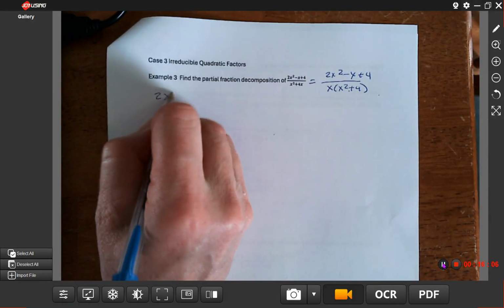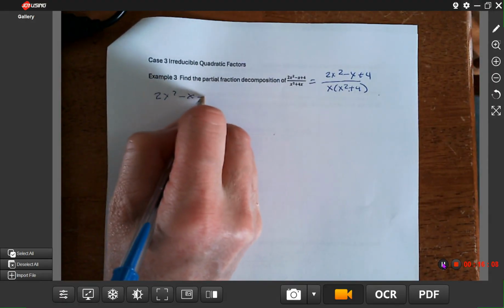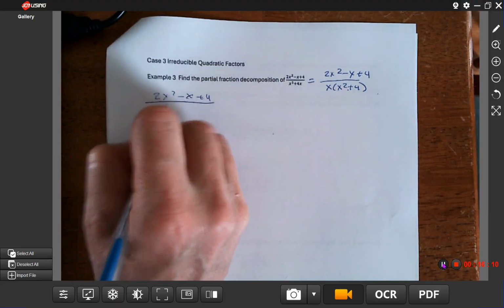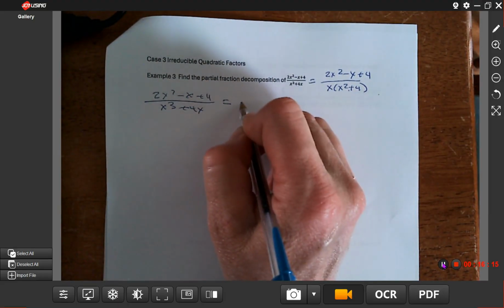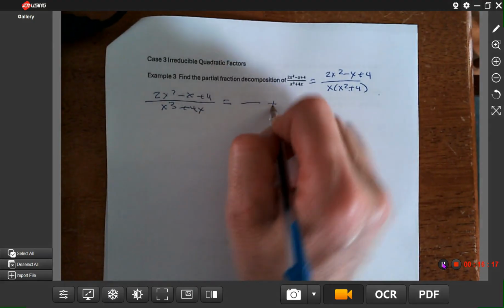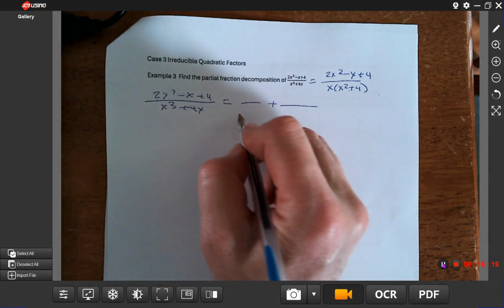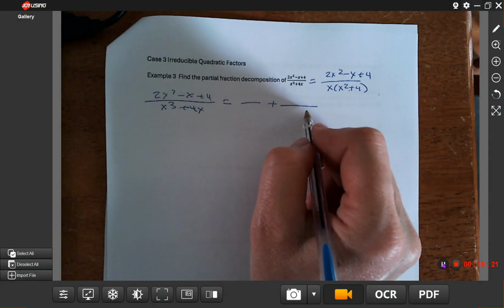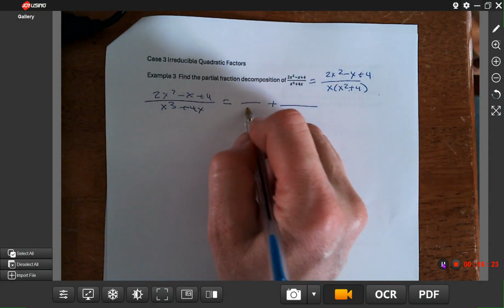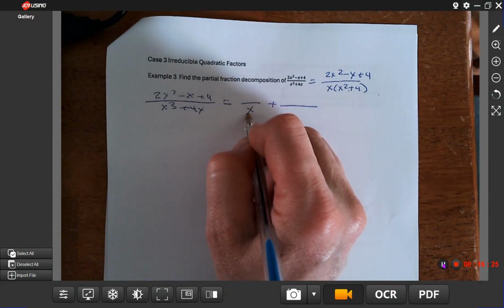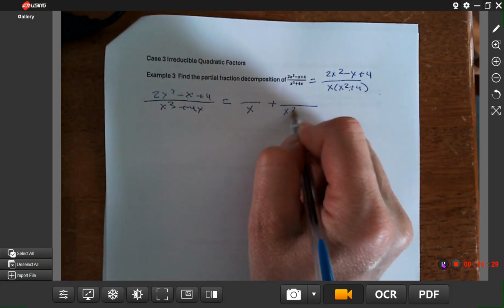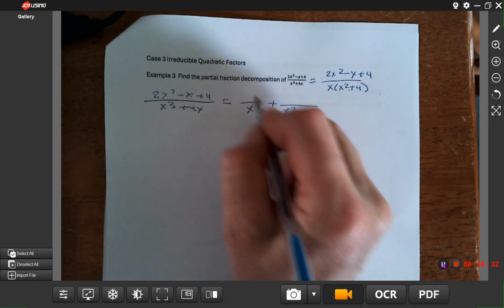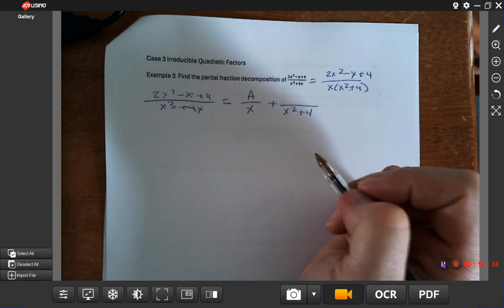So in that case, our expression can be split into the sum of two rational expressions where the denominator of one is the linear factor, the denominator of the other is the irreducible quadratic factor.